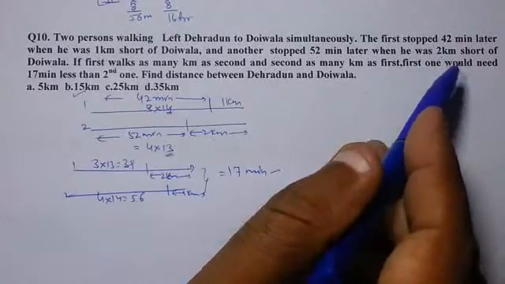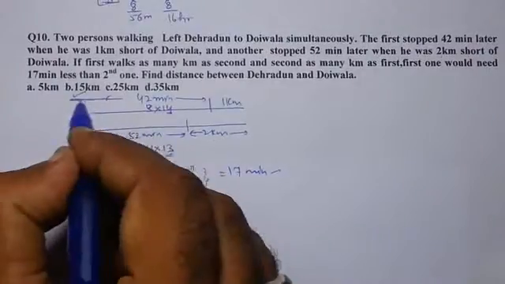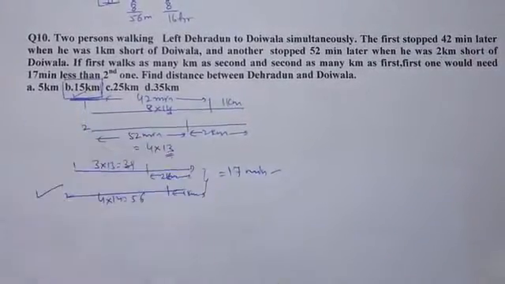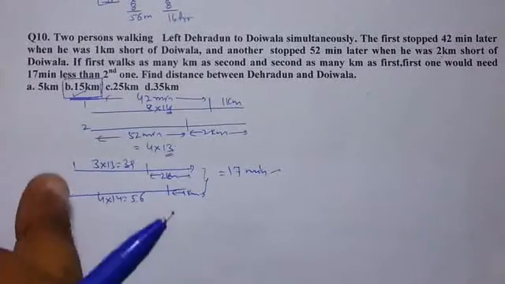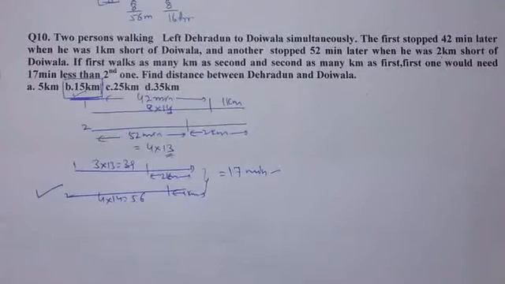The first would take 17 minutes less than second one. So this is the answer. So try to build some logic, and it comes with practice, right? We don't need to go for the complete solution, because in exams we have to reduce time and we are focusing on less time.